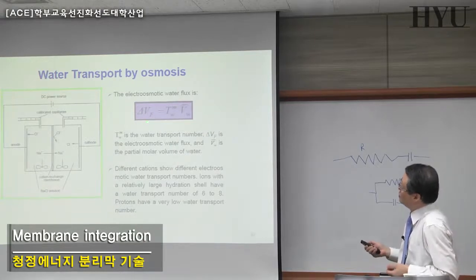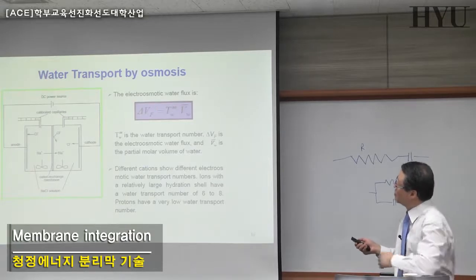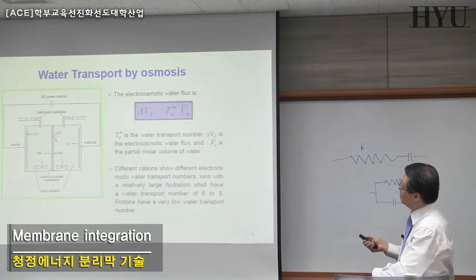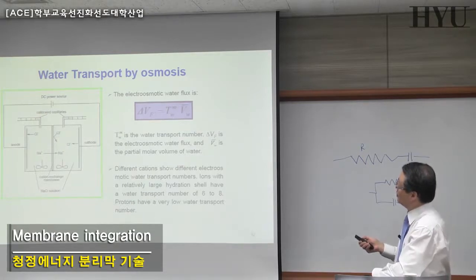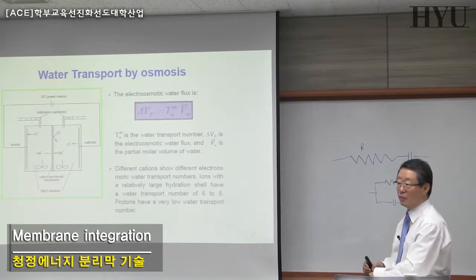The total volume change is due to the flux, the water transport number through the membrane, and VW, which is the partial volume of the water in this case.